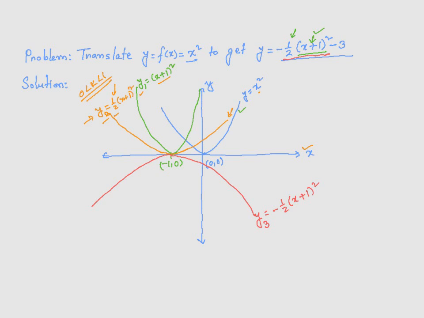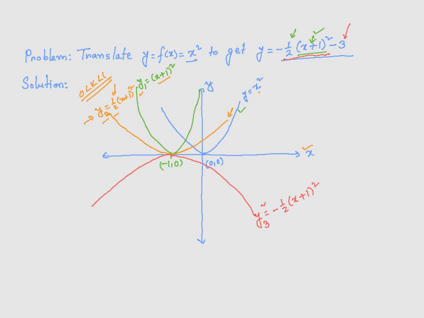Now the last step is subtracting 3. You have to keep in mind, subtracting 3 from this y3 is an outside change. We are not making any changes under the square. Remember, an outside change makes the graph move vertically, either up or down.